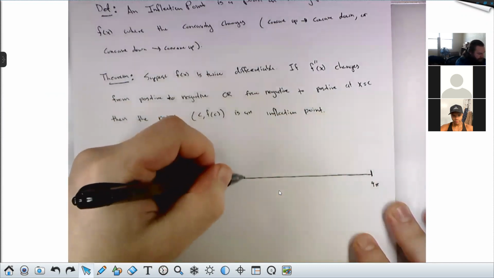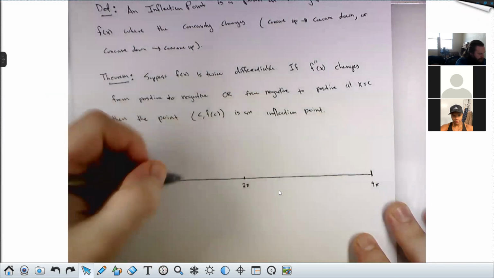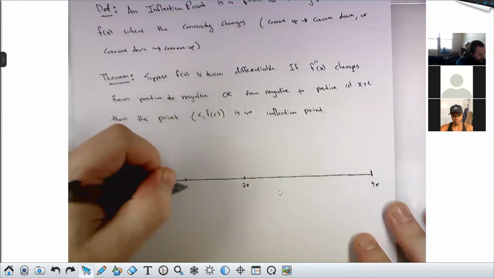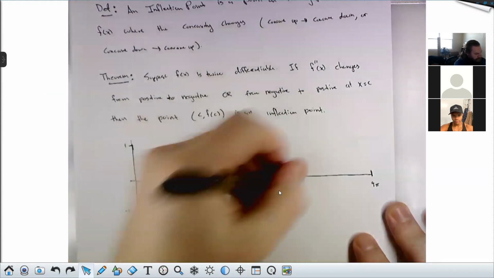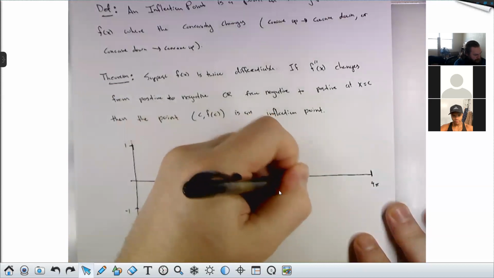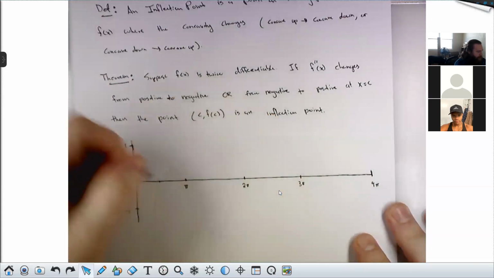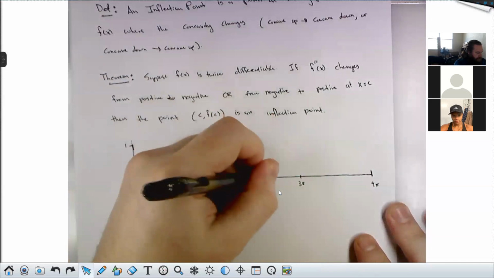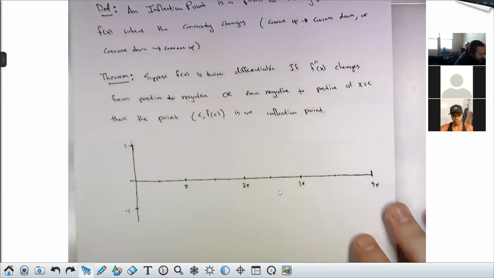That's 4 pi, and this should be about 2 pi, and this should be about pi, and this should be about 3 pi, which means this is quarter period, quarter period, quarter period, quarter period.